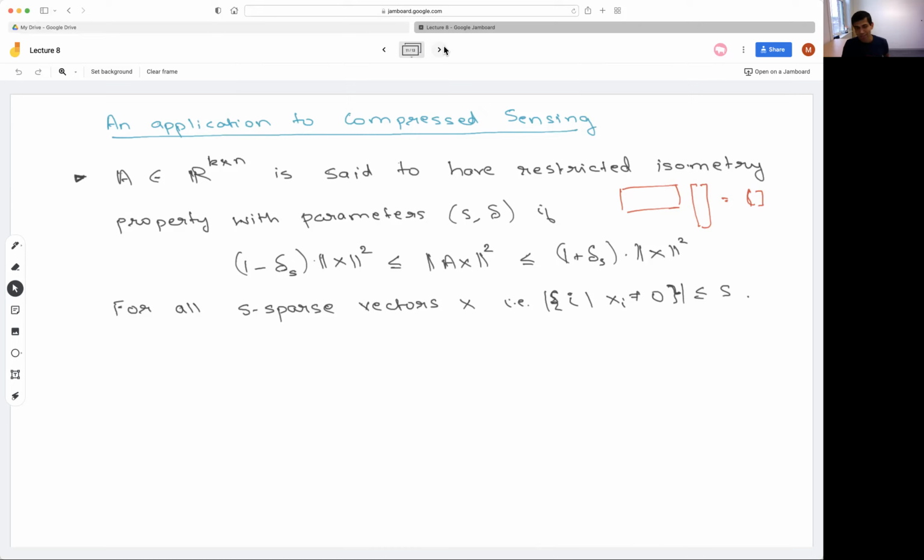So here we are not trying to do this compression for all x, but for x which are sparse, or which have only few non-zero coordinates.